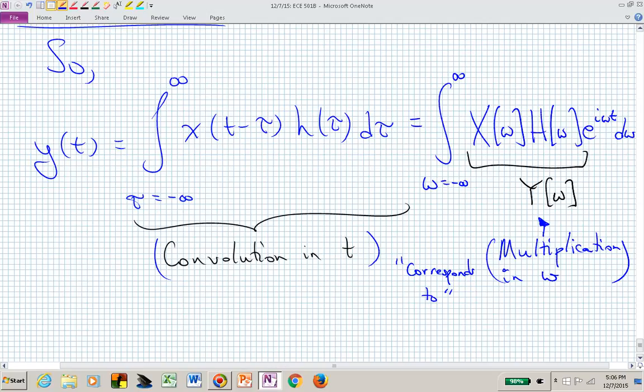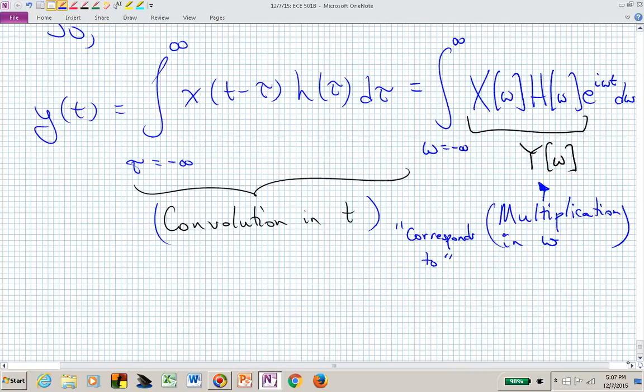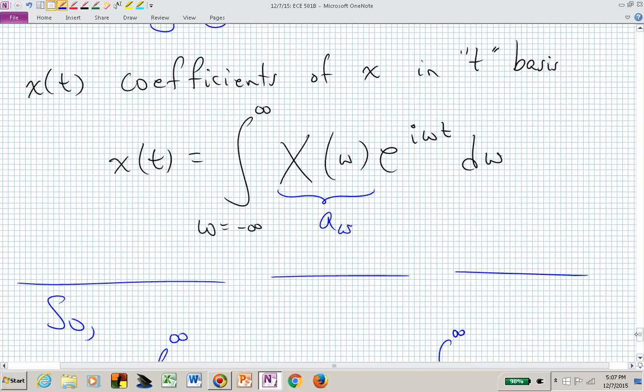Now I'm writing that down, but let's just derive that relationship. Now that we know how to express x of omega, h of omega, etc., in terms of these spinning phasors. So let's derive this relationship, but this should be something that you're okay with, because how did we rewrite x of t? We rewrote x of t as some weighting of these cosines and sines, this complex exponential, e to the i omega t, which are just sines and cosines of omega.